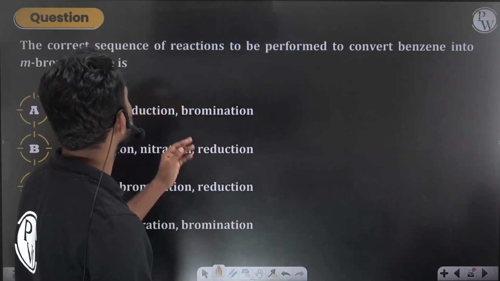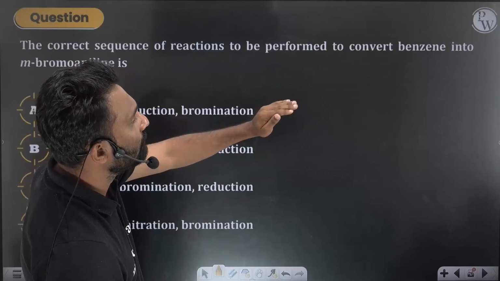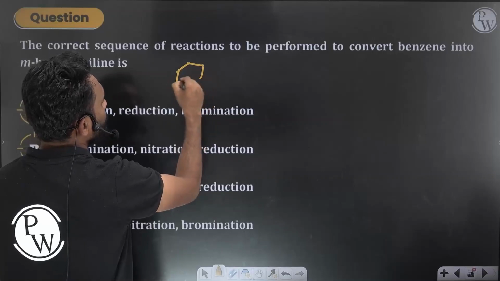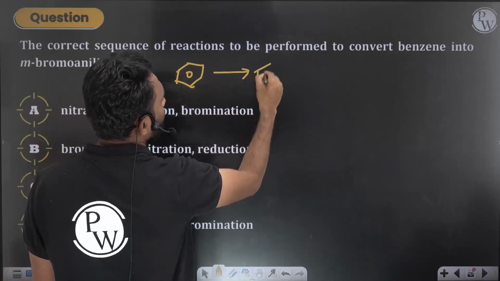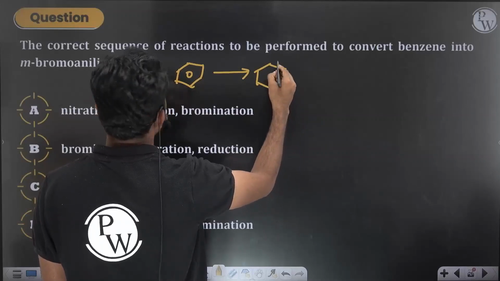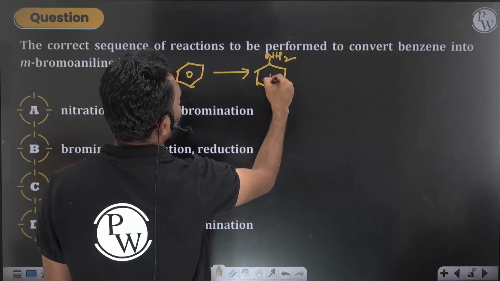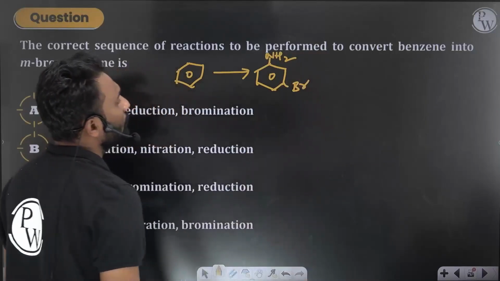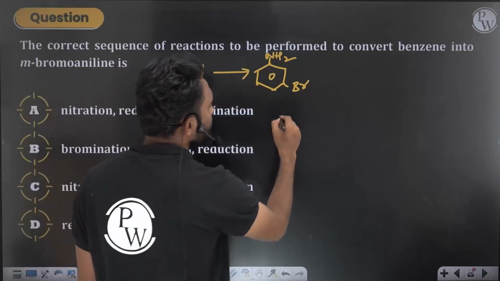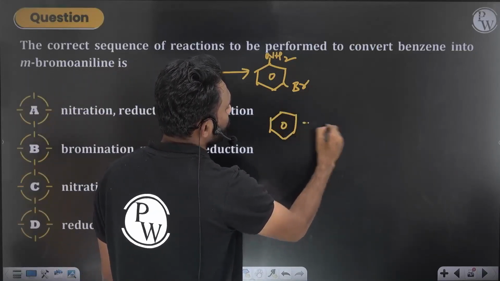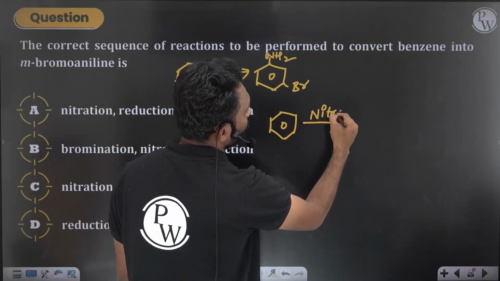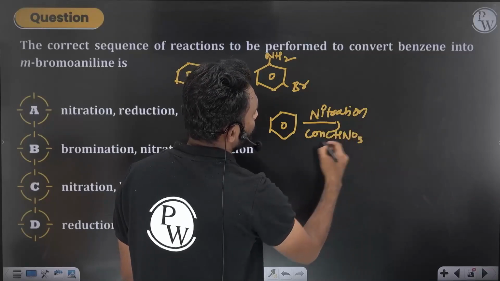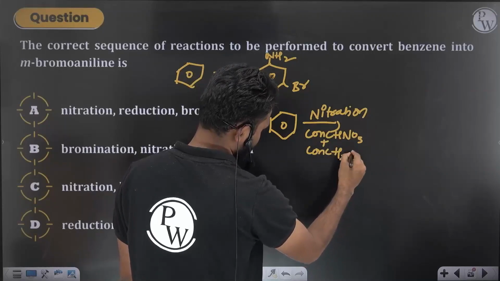Next. The correct sequence of reactions to be performed to convert benzene into m-bromoaniline. First, nitration, that is concentrated HNO3 plus concentrated H2SO4.